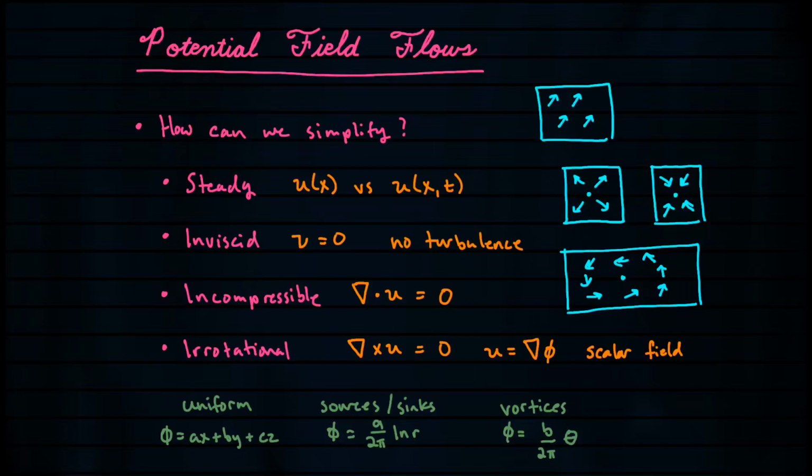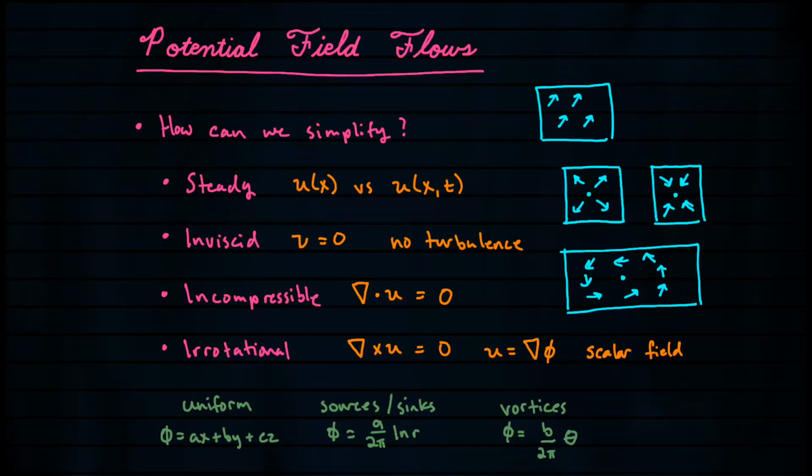So it's still got some rotation to it, but the rotation is not at a single point. All right, so those are some things that we can do to simplify the Navier-Stokes equations, and it makes it easier to do certain classes of fluid simulation.